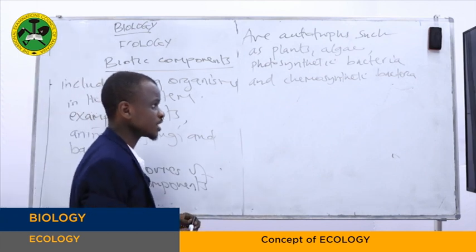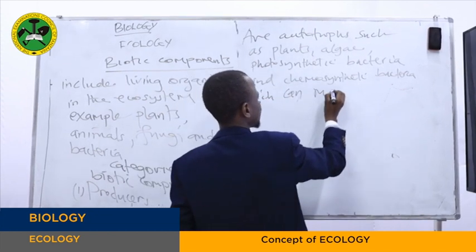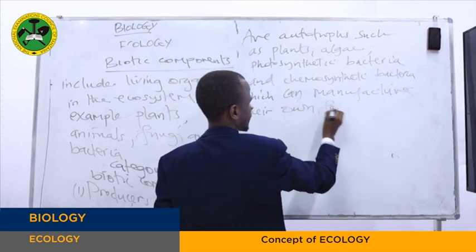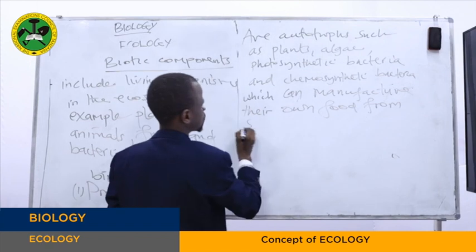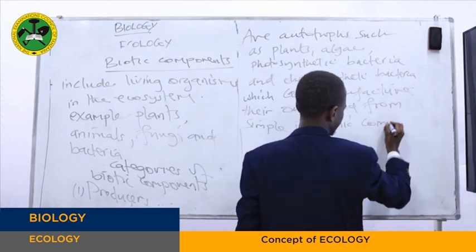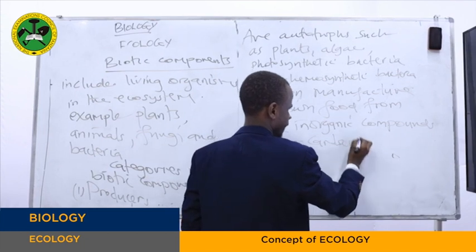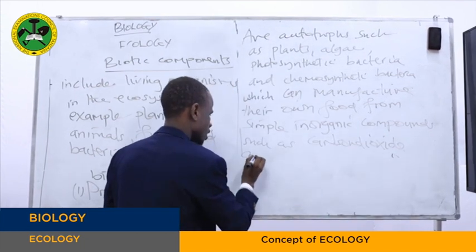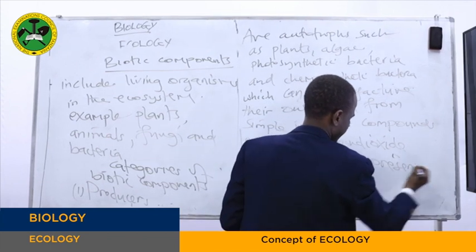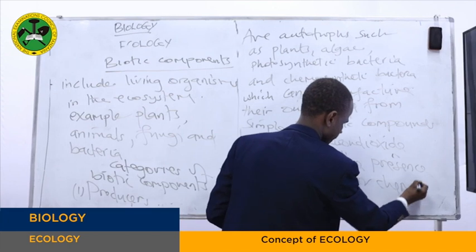Autotrophs such as these can manufacture their own food from simple inorganic compounds such as carbon dioxide and water in the presence of light energy or chemical energy.